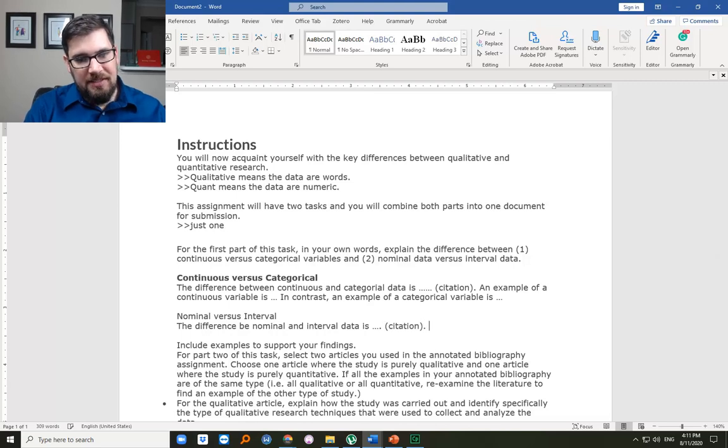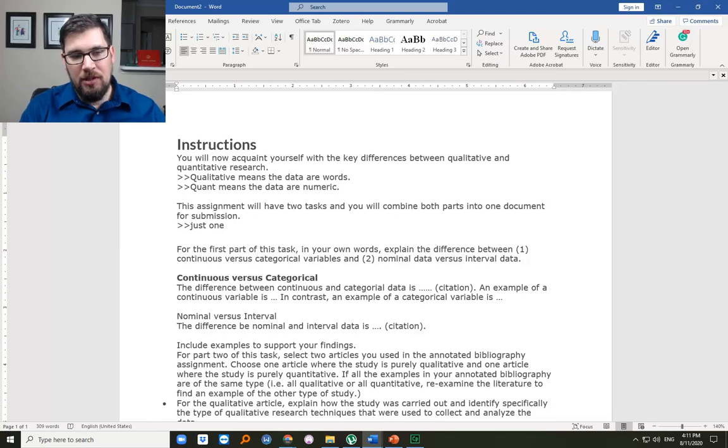Again, you want to cite a source to show where you're getting your information. It should not be a direct quote. You should paraphrase here, because direct quotes do not show me any evidence of comprehension. So you definitely want to paraphrase to show that you understand.